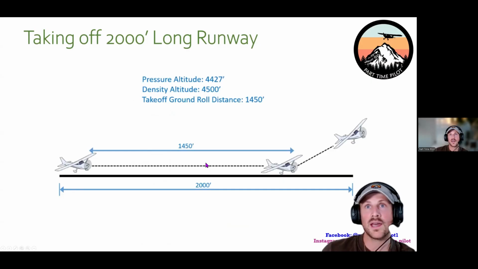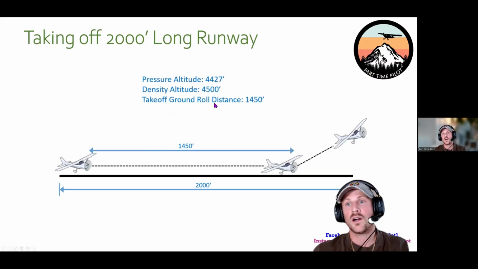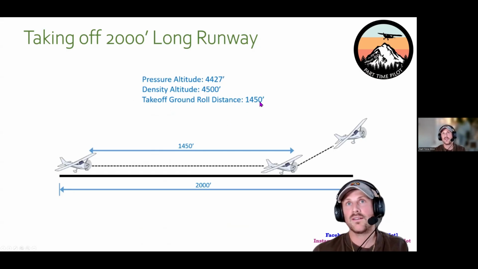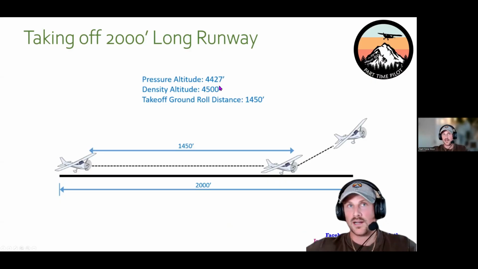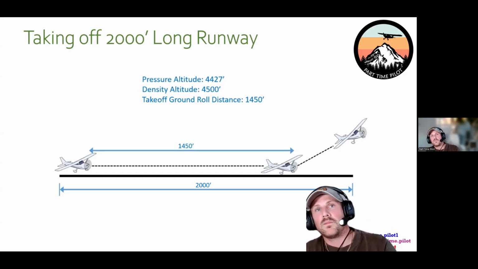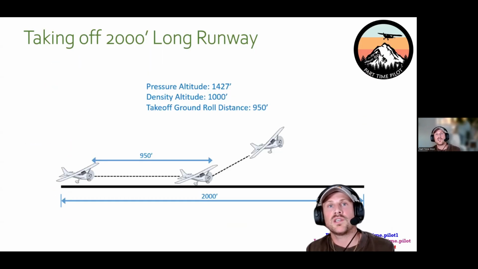All right. And then for this scenario too, we calculate our performance. Now with our 2,000 foot little short runway, it takes us 1,450 feet. So why is this? Well, it's because we're at a higher elevation. And remember, higher elevation means less density in the air. Compared to the previous one, we were at a lower elevation, and so we had a lot better performance.